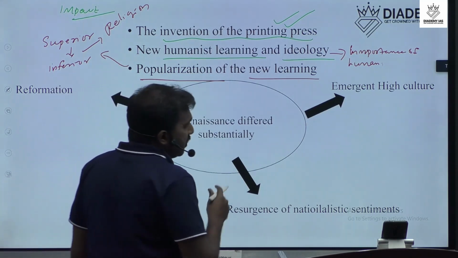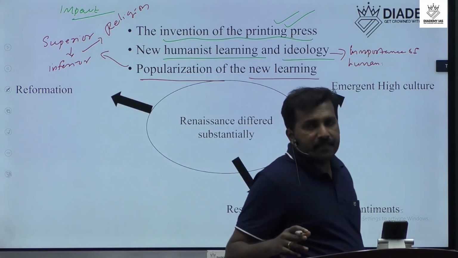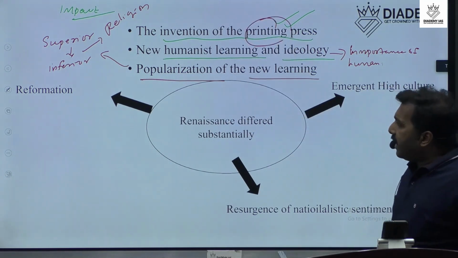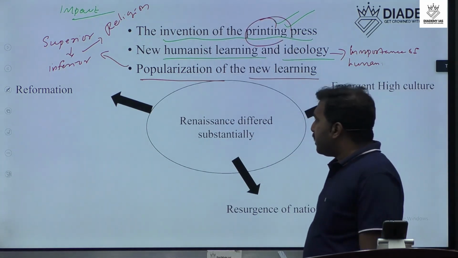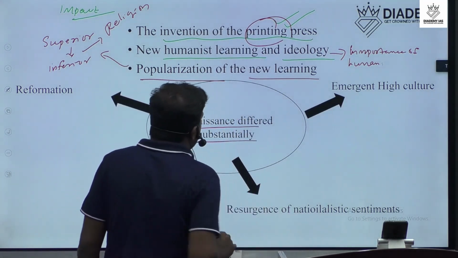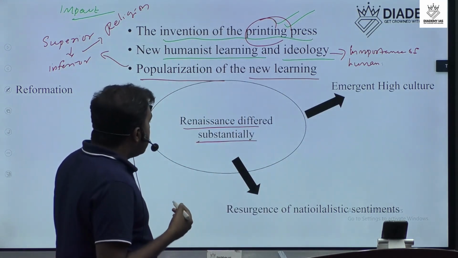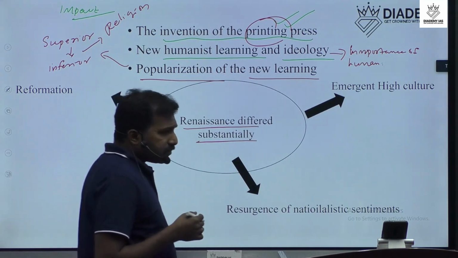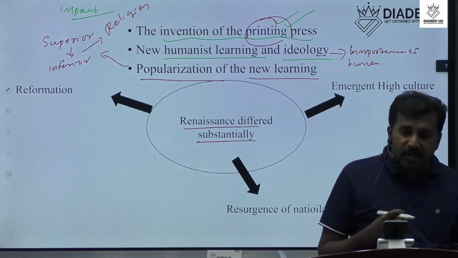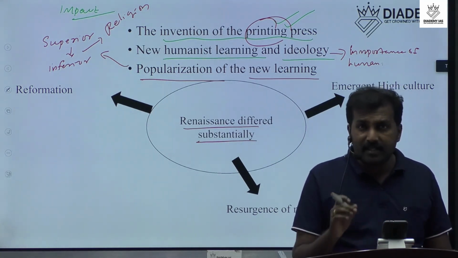So all these aspects changed with the impact of printing. And next one is how Renaissance differed substantially. What are the impact or the result of Renaissance? That's the question, that's the point here.